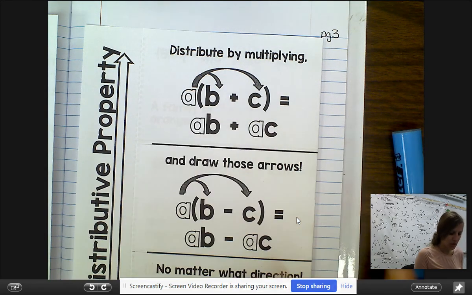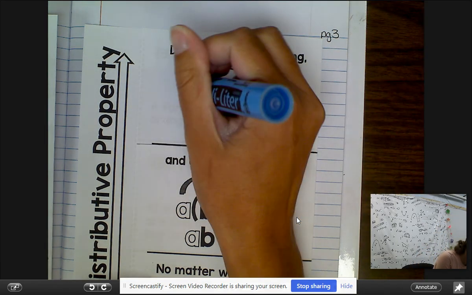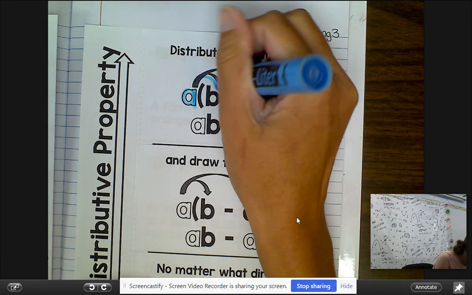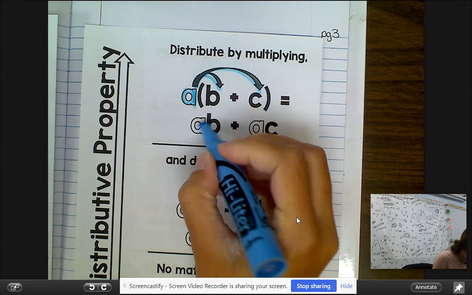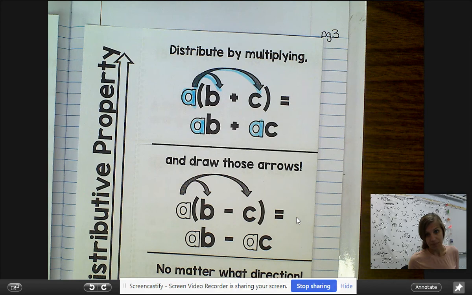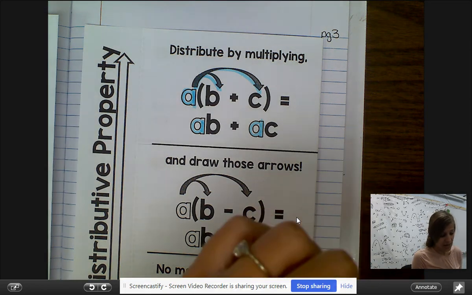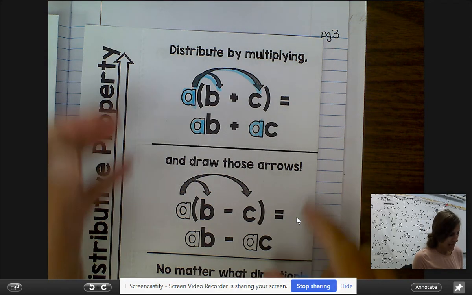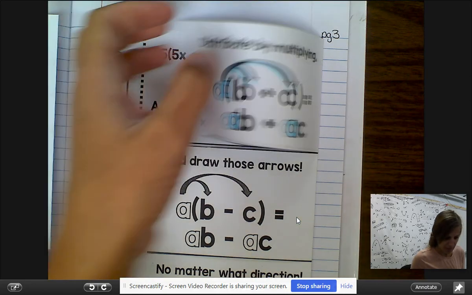And so we do this distributive process here where I take this number and I multiply it into both. So I multiply it by the first one and by the second one. And then if you're able to add, you can, and if not, that's okay too. I think you guys are familiar with this, but we're gonna try some.